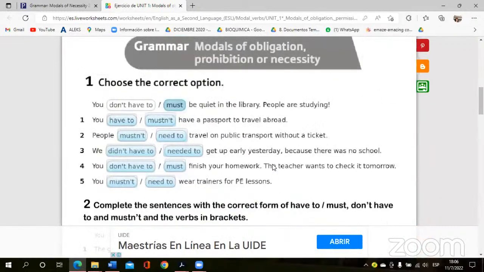Okay, so in the first one, we have to choose the most appropriate option. Okay, it could be one of them.